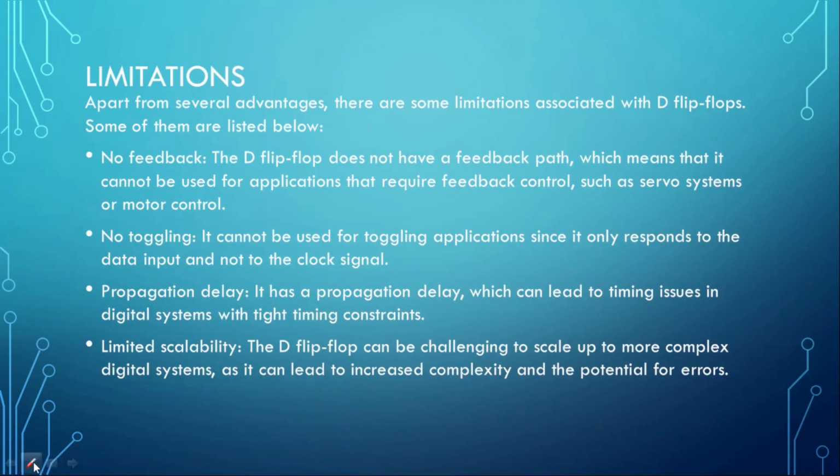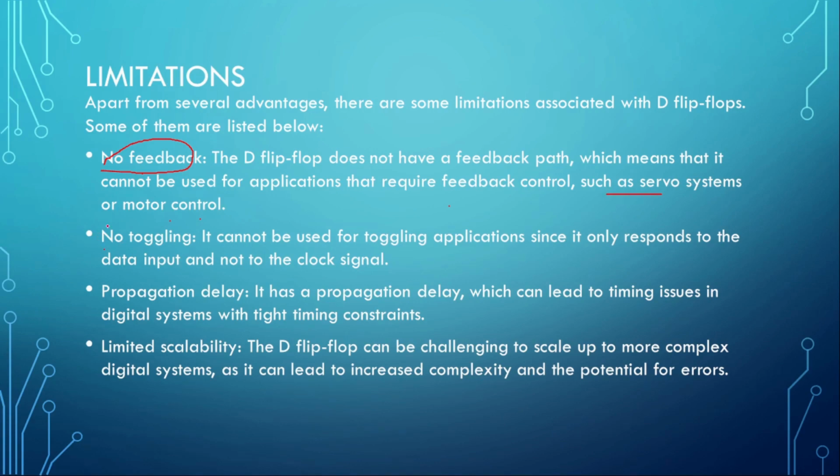What are the limitations of D flip-flop? If it has no feedback, we can't apply it in many digital circuits like servo systems and motor control. Wherever a feedback system is available, only then can we use it in servo or motor control systems.